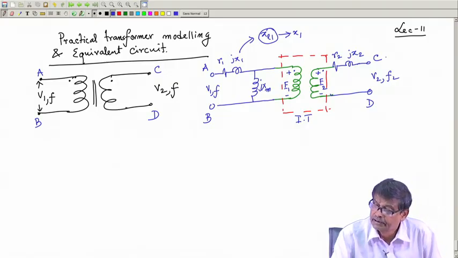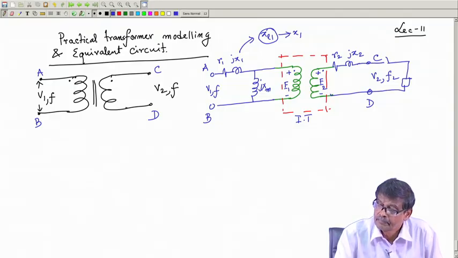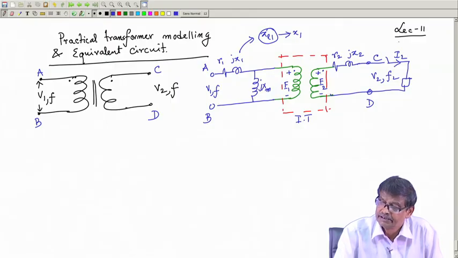And if you connect a load here, then this current is the phasor current I2, this is Z2.